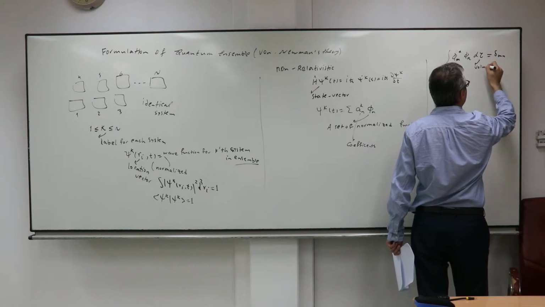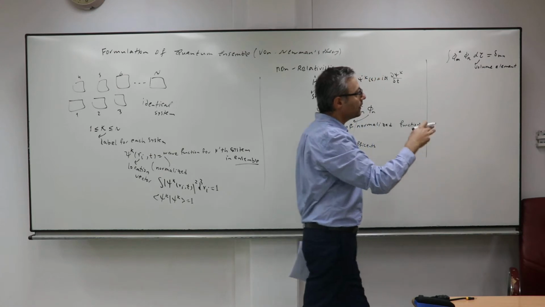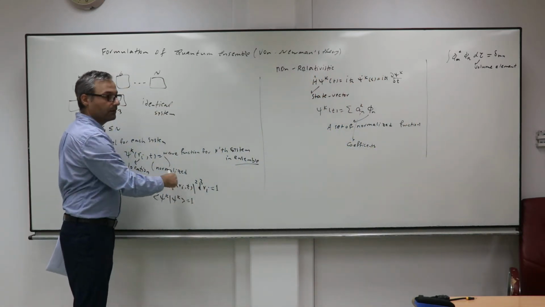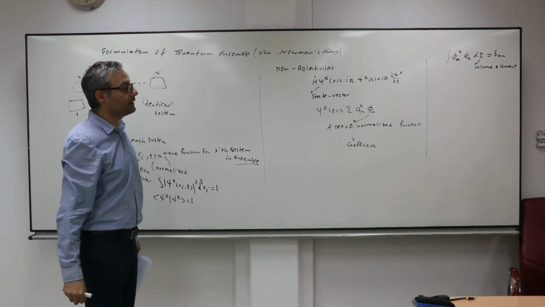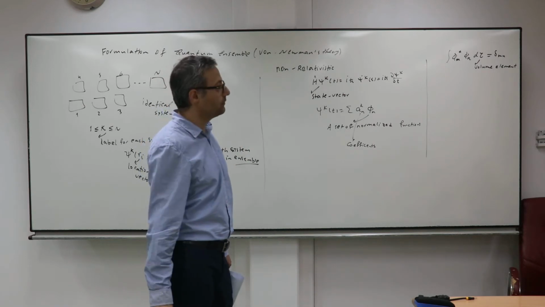This is the volume element. You can write it as d cubic r also, which is the same. But it's better to use d tau or d omega sometimes; dV is also the same.